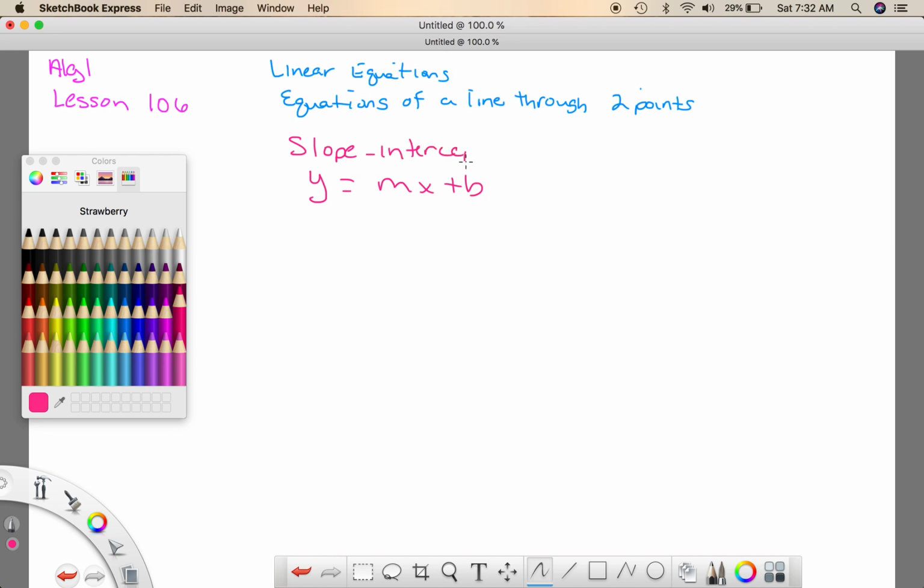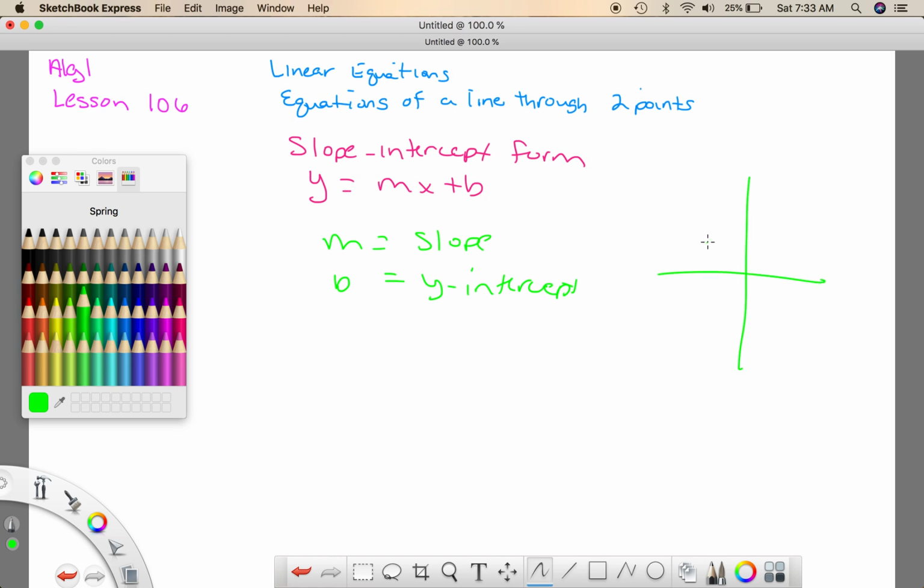So you really need to be familiar with what this is called. In slope-intercept form, we have m and b, where m represents the slope and b represents the y-intercept, or another way of saying it, it's the y-coordinate of where the graph crosses the y-axis.